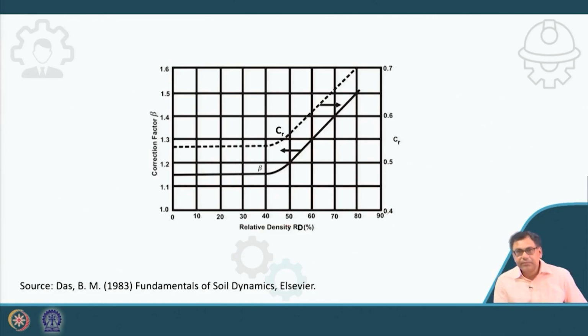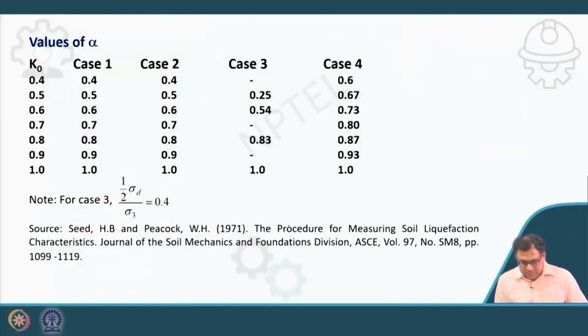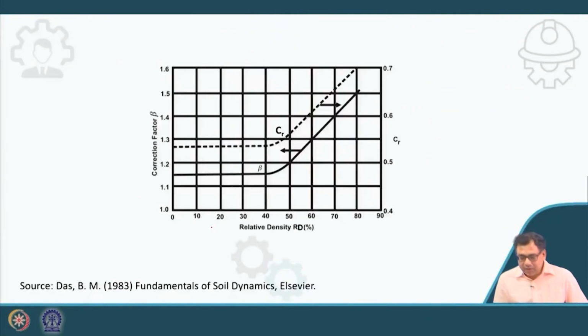This chart is given by Seed and Peacock, and I am just discussing their approach. Here this is the relative density RD in percentage, this is the correction factor beta on this axis, and this axis is CR.